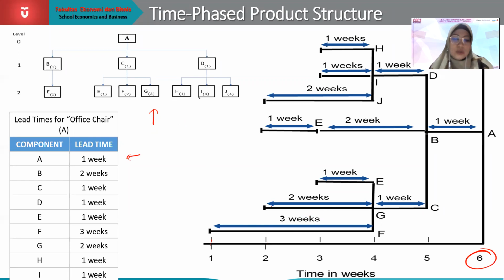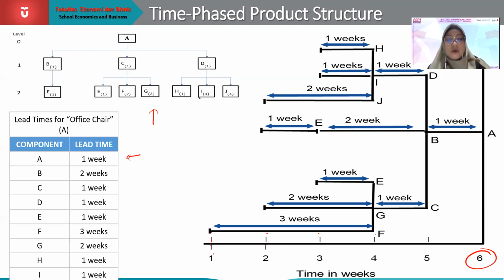The first thing you do is draw a line for component F. Component F needs 3 weeks. It means one, two, three. And we always start with 1, not 0. Why not 0? Because this measurement unit is in weeks. There is no week 0.